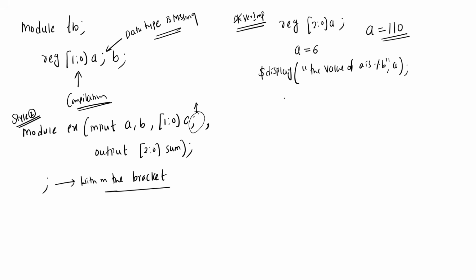Next, I will declare one more variable, reg [2:0] b, and give b equal to -6. I will display the same thing: $display("the value of b is %b", b). What is the value of b?